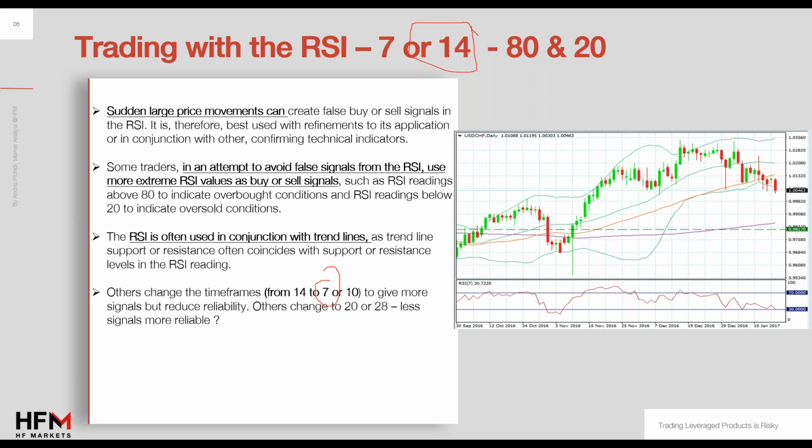Because there are people who might use daily charts, but they set their RSI at 5 or even 3 because they want to have fast signals. But fast signals sometimes might be false ones. So take it a bit easy.